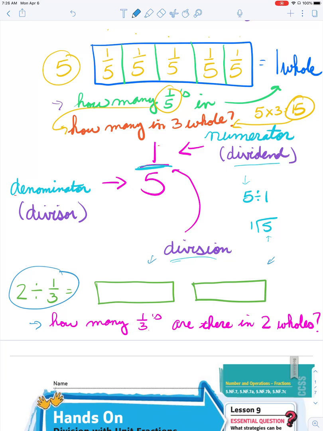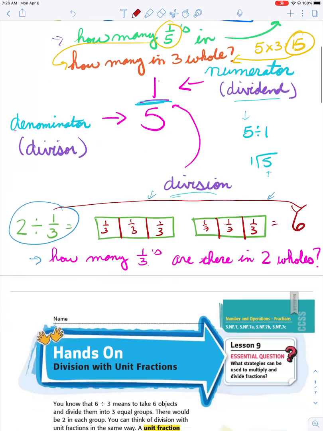You would divide this shape into 3 parts and this shape into 3 parts. And each part would be equal to the same amount, which is 1/3. And how many times am I writing this 1/3 in each of these pieces? I am writing it 6 times. So the answer to how many 1/3 are in 2 wholes is 6.